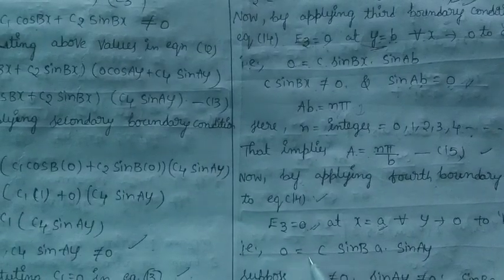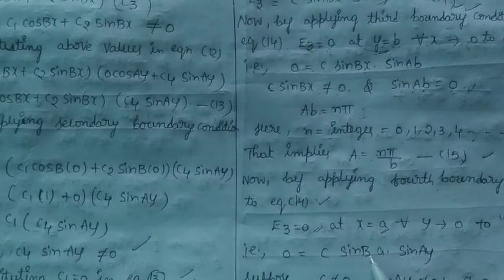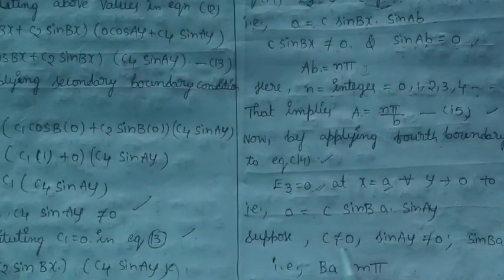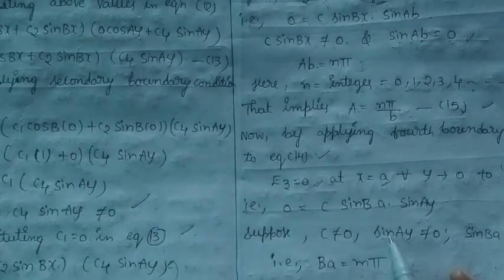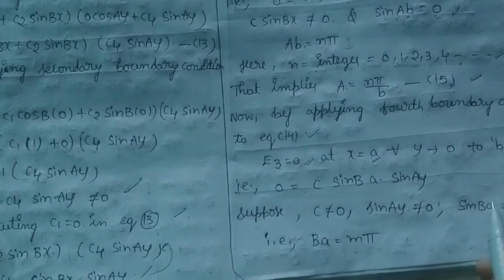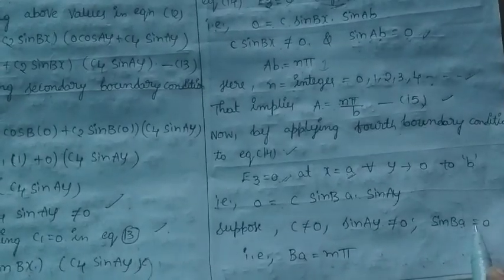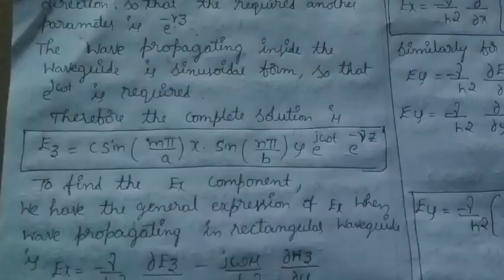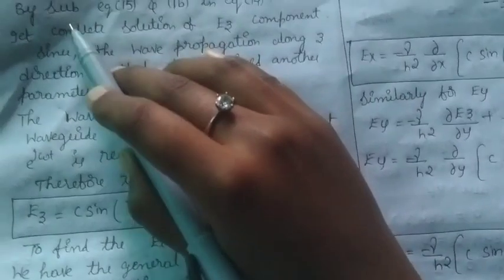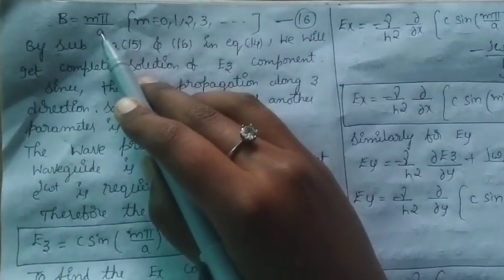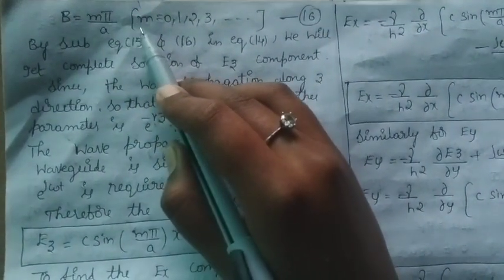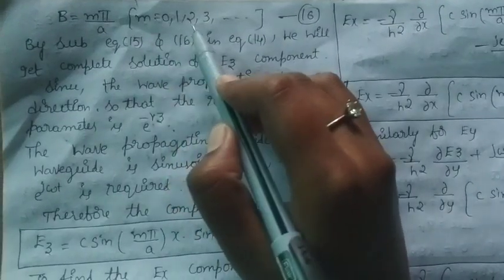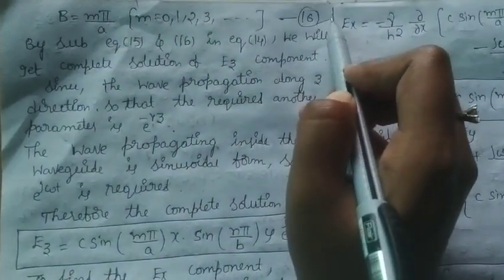That is 0 is equal to C sin ba sin ay. Suppose C is not equal to 0 and sin ay is not equal to 0, then sin ba is equal to 0, that is ba is equal to m pi. So b is equal to m pi by a, where m is an integer, m is equal to 0, 1, 2, 3. Consider this one as the 16th equation.